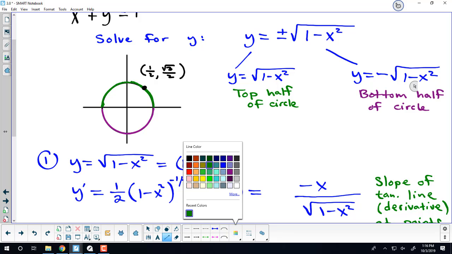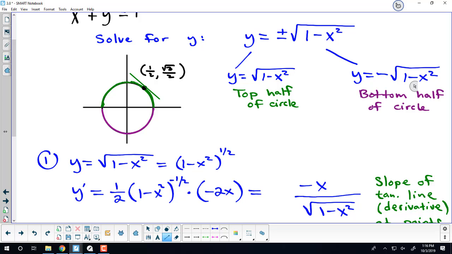Negative. We plugged in a positive x, and we get a negative as a result because of that negative right there.